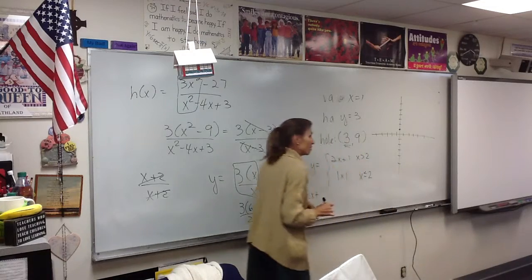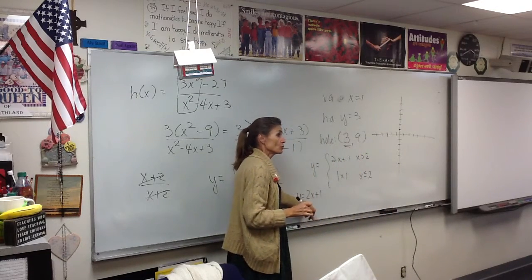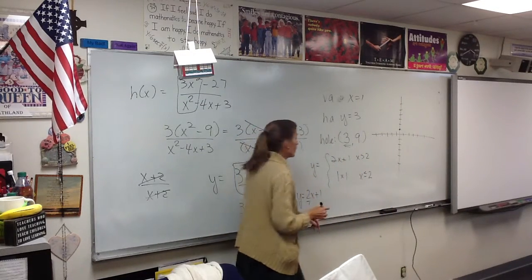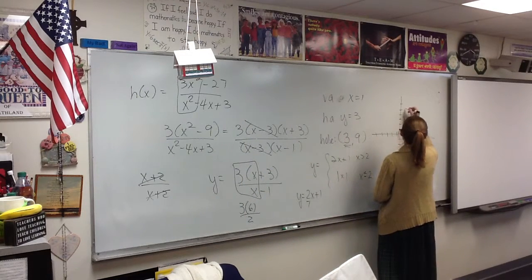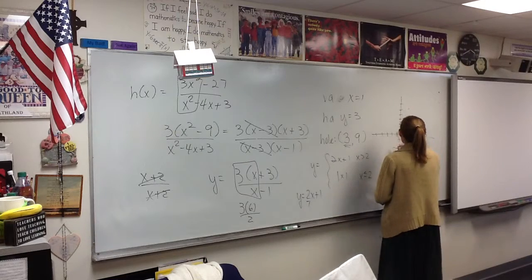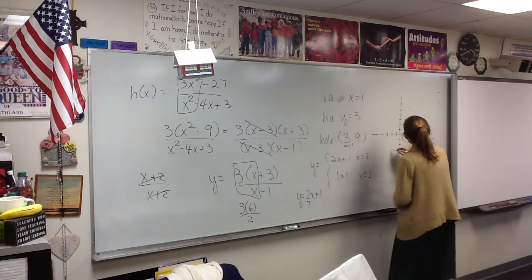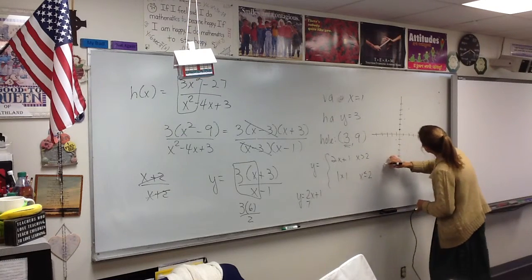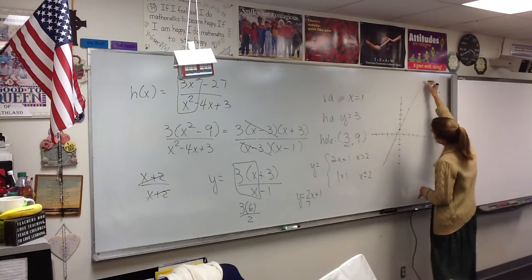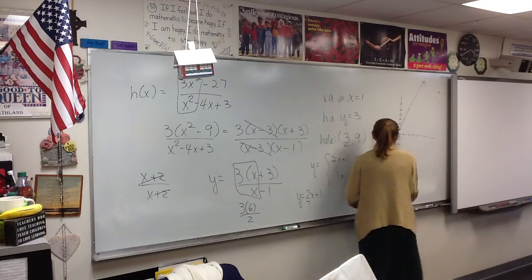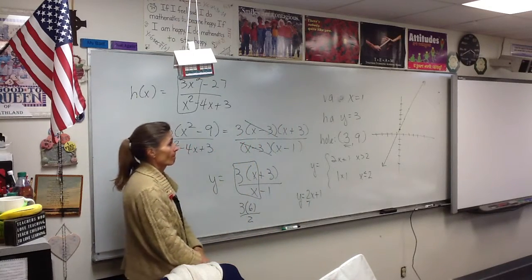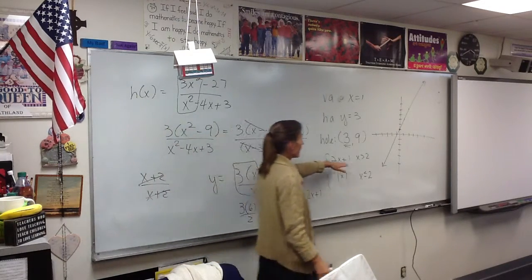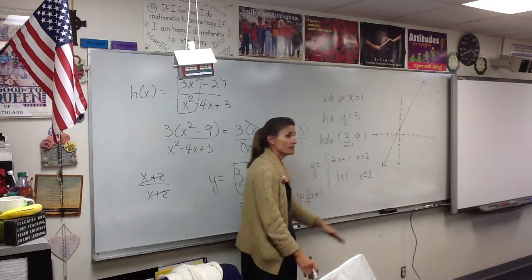And its slope is 2 over 1, so I'll go up 2 and over 1, up 2 and over 1, down 2 and over 1. So I'm going to try to graph that line straight. I'm just so bad at this. All right, there's my line. That's the top part of the picture.